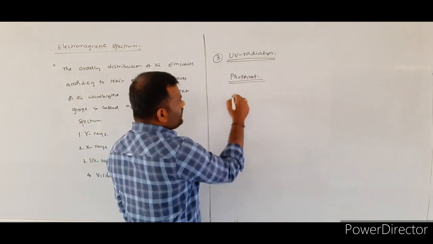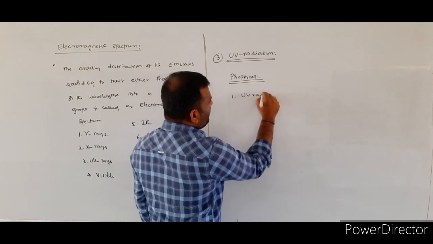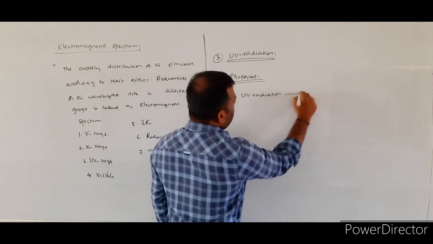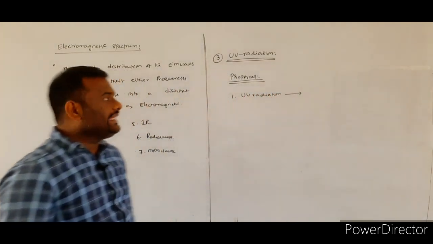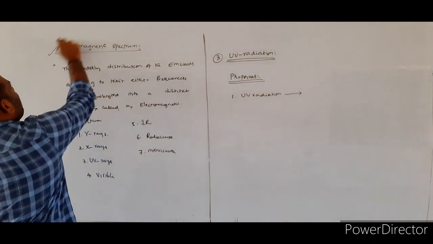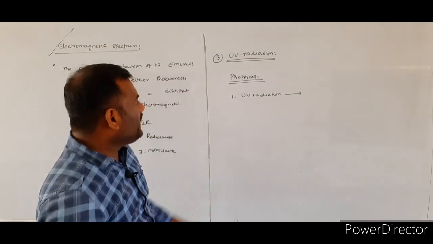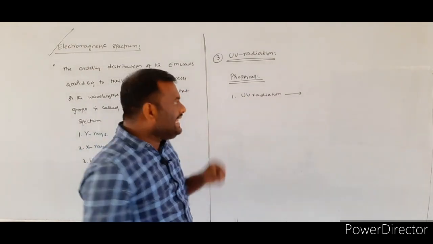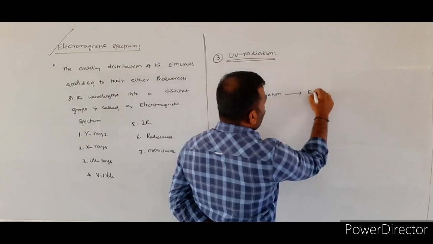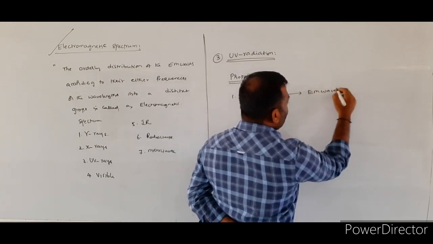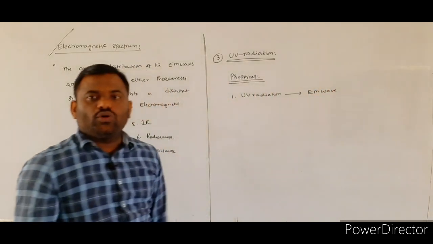Here we are saying that UV radiation is a part of the electromagnetic spectrum. So the UV radiation is nothing but an electromagnetic wave.